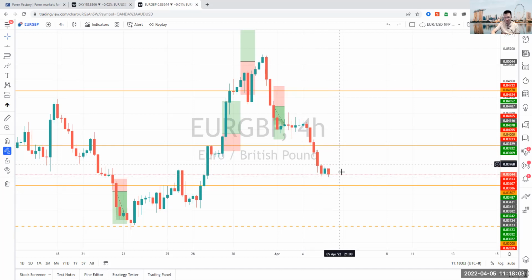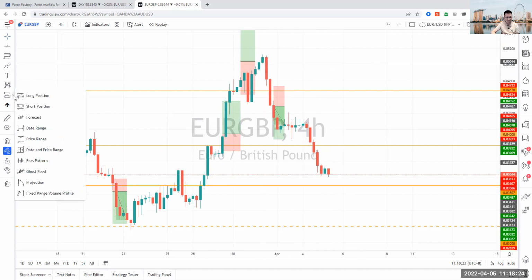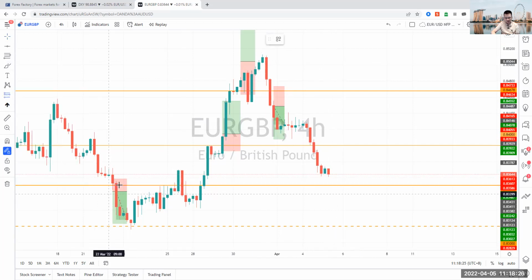At this level, if it comes down towards that 0.8350 level, I wouldn't be looking for both the upside or downside, just because of how it's been dropping quite significantly. I would say look to sell the euro pound below this 0.8350 level, similar to what we did here towards the end of March.